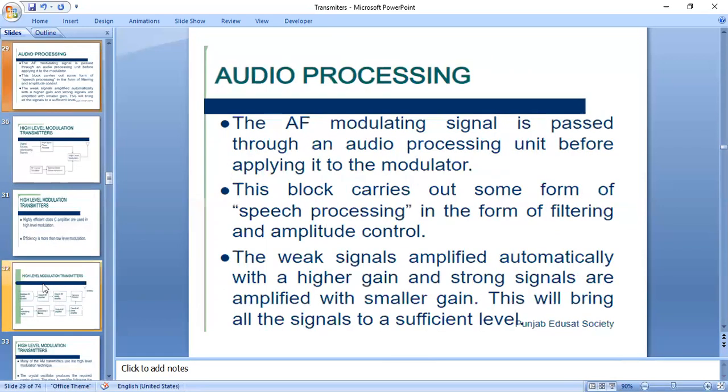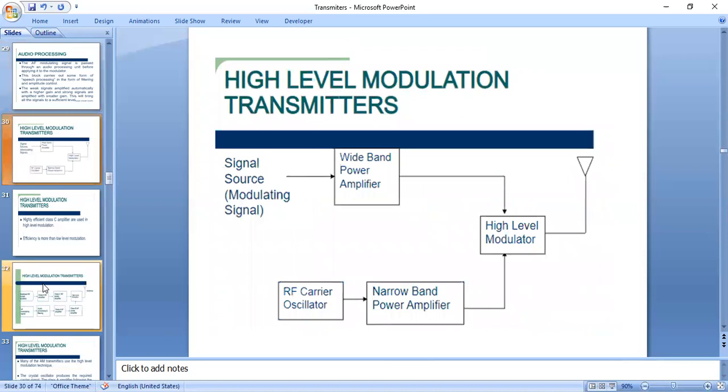In high level modulation AM transmitters, both the carrier signal and the audio frequency signal are power amplified and then given as input to the modulator.